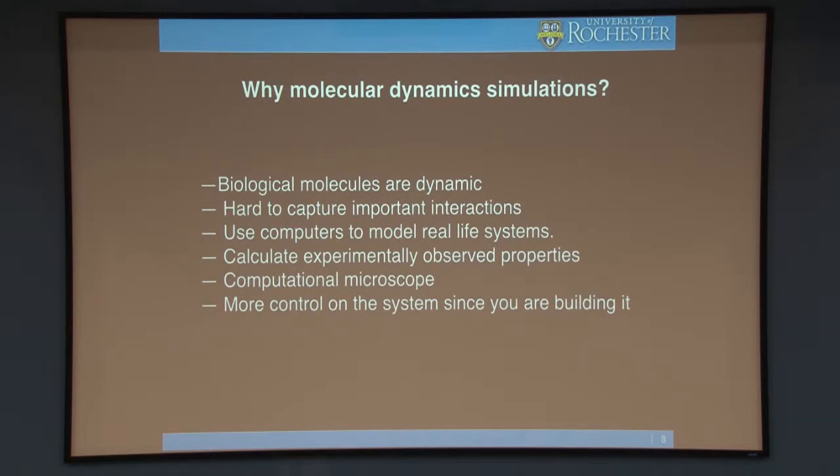We can also use MD simulations to calculate some of the experimentally observed properties. And since we are building the system of the protein, we have more control of the system. What are the things that we want to add in it? Whether we want water in it, whether we want lipids in it, we have more control over it when we use molecular dynamic simulations.